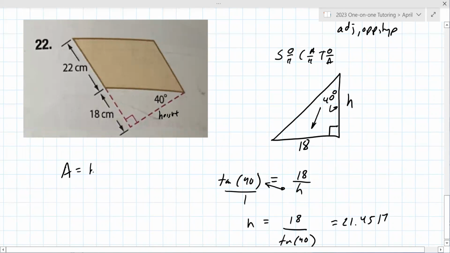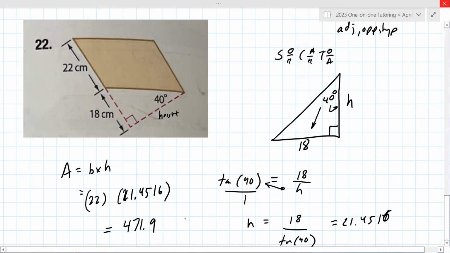So your area is base times height. Your base is 22. You now have your height. Distance is 6. You want to go ahead and calculate that for us, please? 471.9 square centimeters.